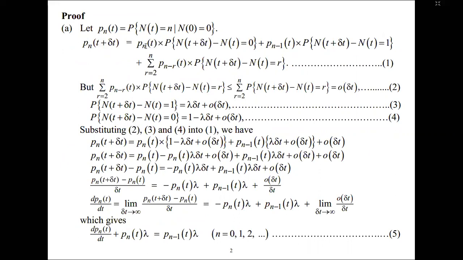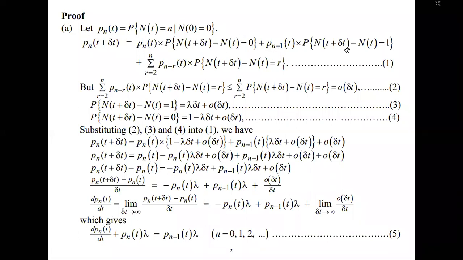First of all, we assume that there was no event. If there's no event within the time frame delta t, then the number of events will still be n. If you have n events and no event occurs, then the number of events will remain n. Have you seen it? Times the probability that no event occurs.